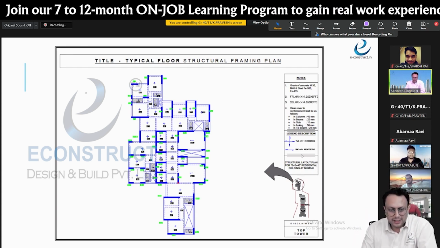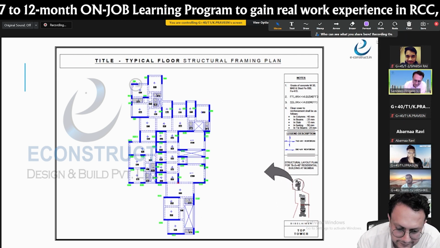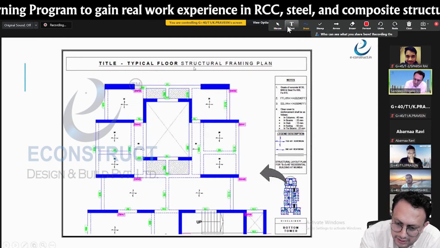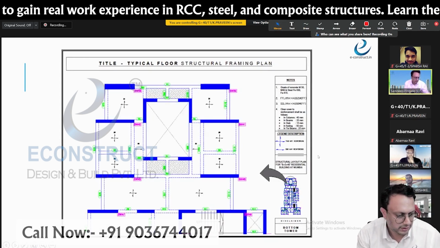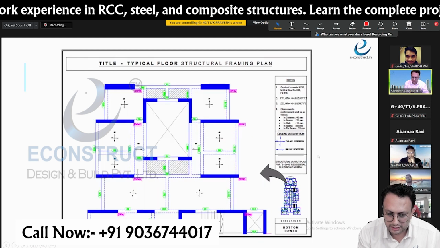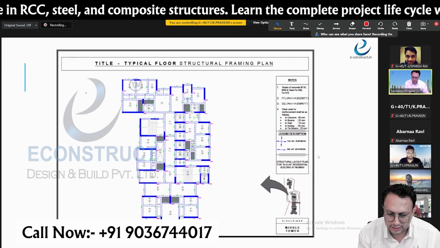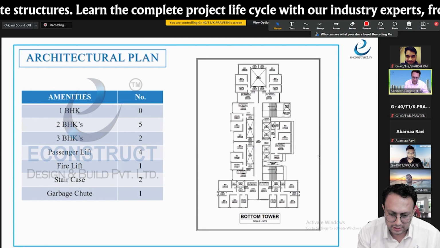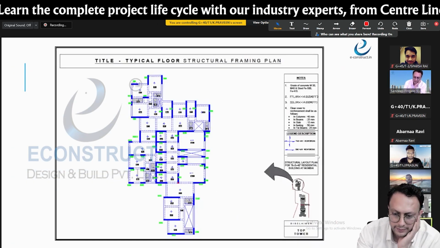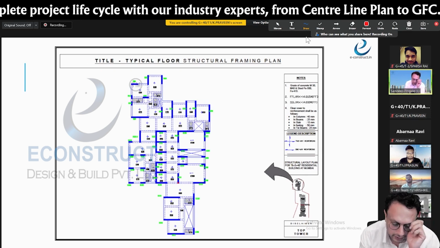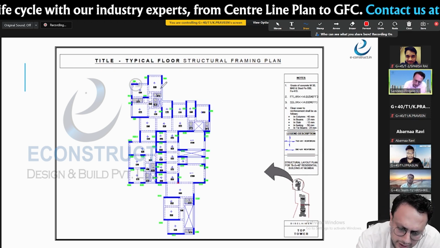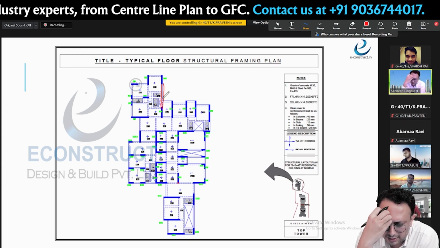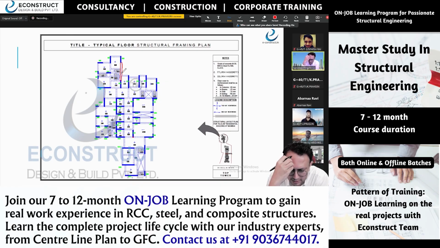Now coming to this area, this is okay. So in this, such a big beam, don't you think something needs to be corrected here?